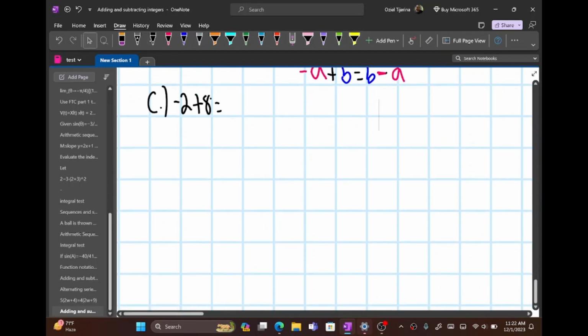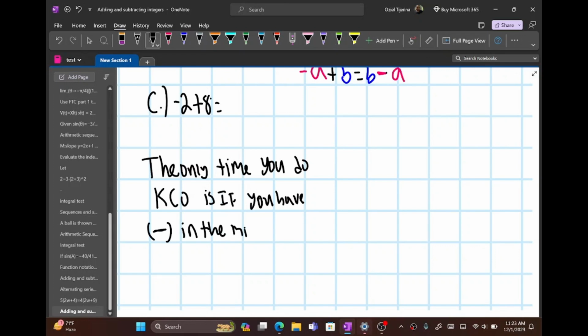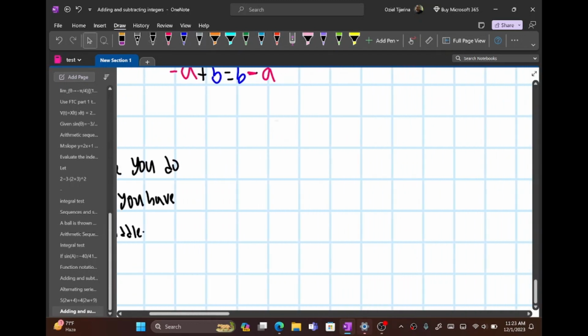The only time you do KCO is if you have subtraction in the middle. I want to make that very clear, guys. Here we obviously have addition, so we don't have to do KCO.